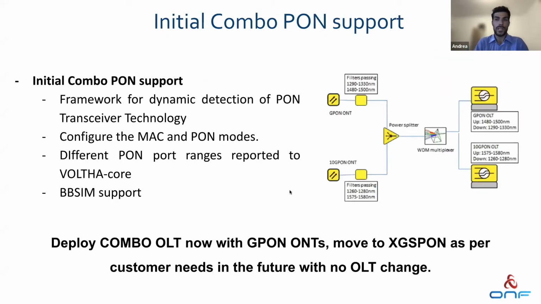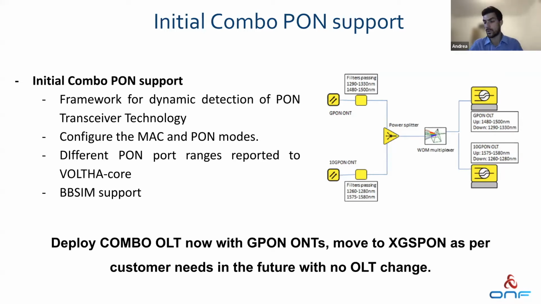Also, during the 2.10 release, talking about a lower-level element, we implemented the initial combo PON support, meaning that we developed a framework for dynamic detection of the PON technology based on the transceiver information. When a transceiver is plugged in, we read its information, and we can determine if it's a GPON, an XGS-PON, or a combo PON transceiver.